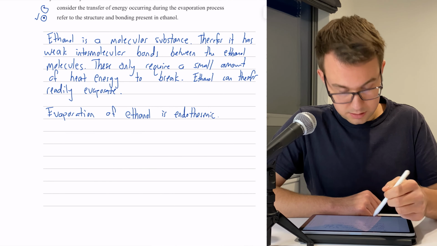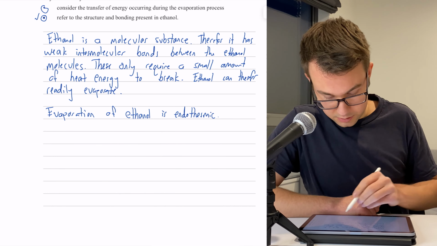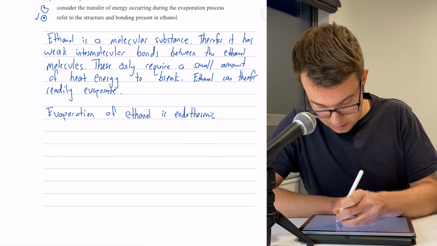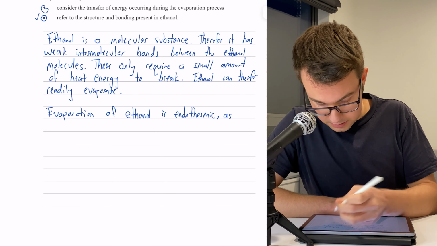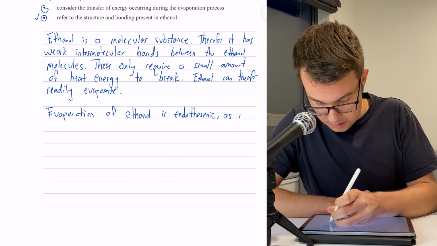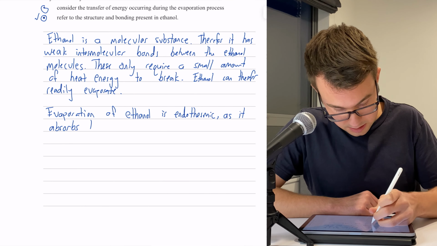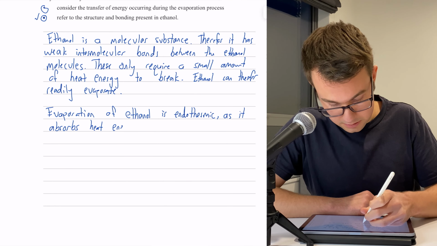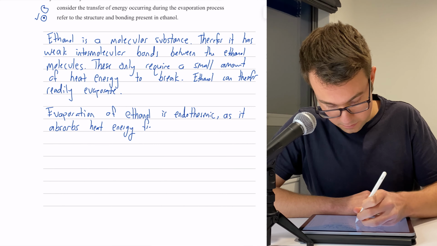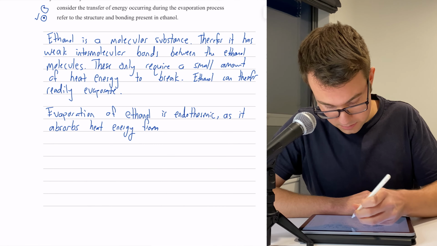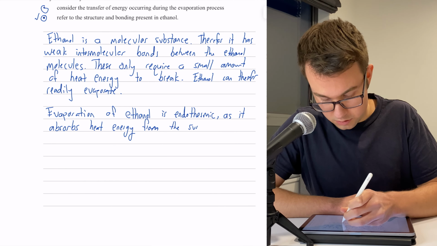Okay, so let's probably write that one down. So it's endothermic as it absorbs the heat energy from the surroundings.